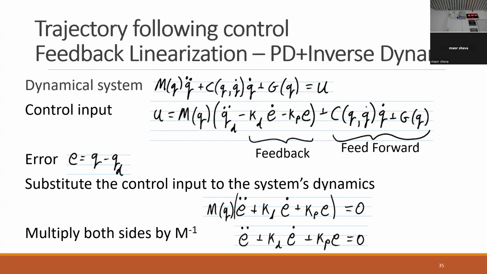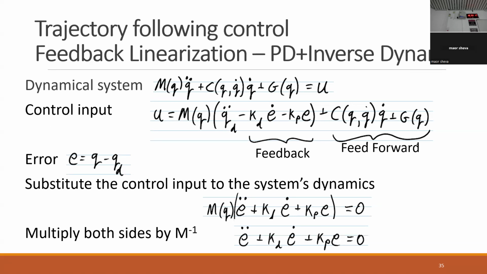And the rest, simply this and this cancel out. The C q dot from the right and from the left cancel each other, and G also cancels the G on the left. And I am left with only this dynamical system of the error, the error of q minus q desired.